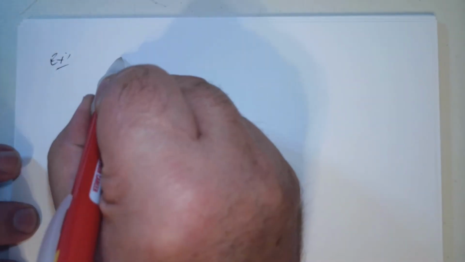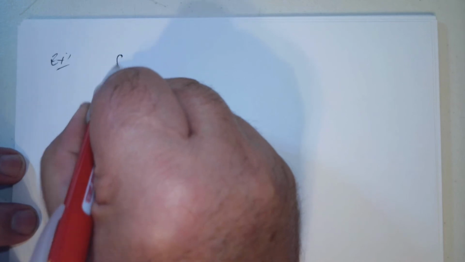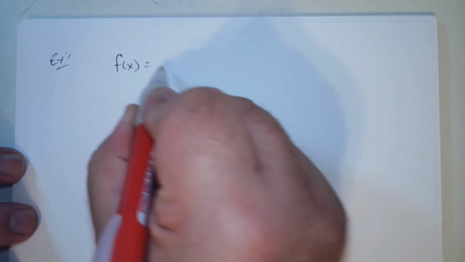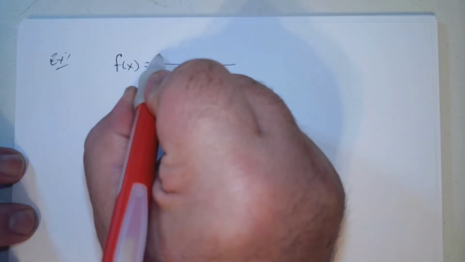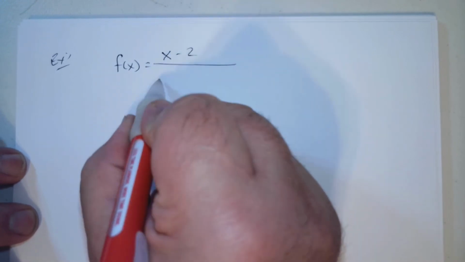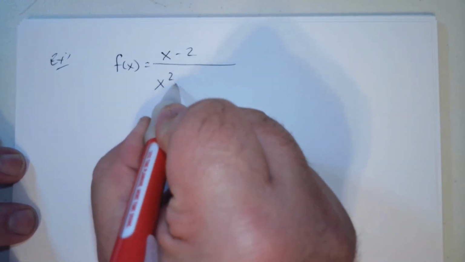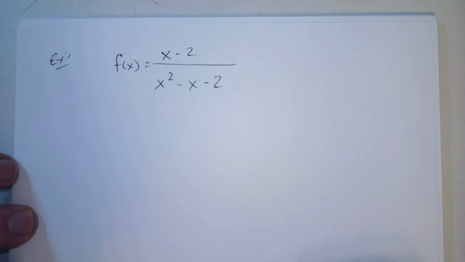Okay. Another example. Let's do a couple more. f of x equals (x minus 2) over (x squared minus x minus 2).